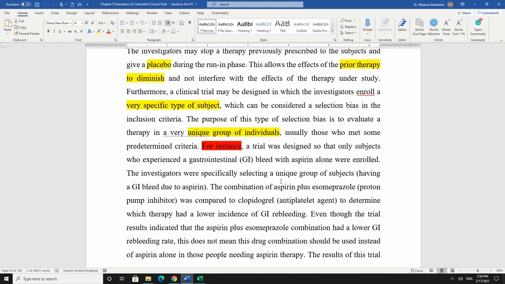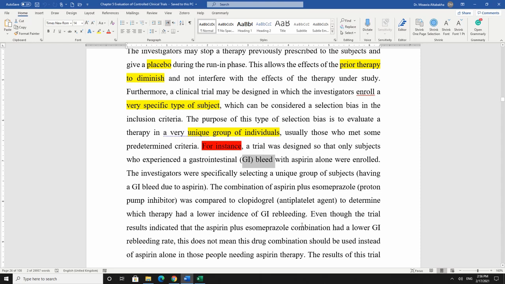Once they are in your trial, your goal was to see, among those who are taking aspirin, if you then give them a proton pump inhibitor such as esomeprazole, will that reduce the GI bleeding?